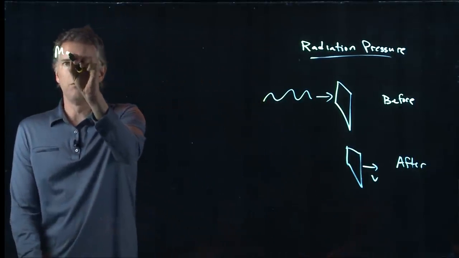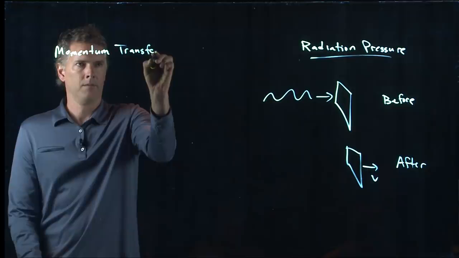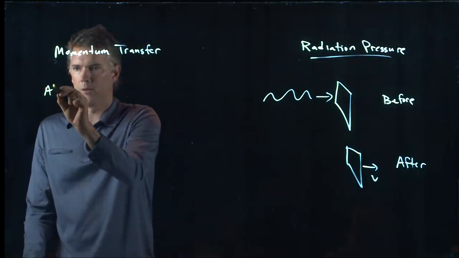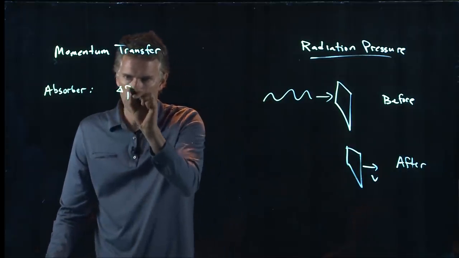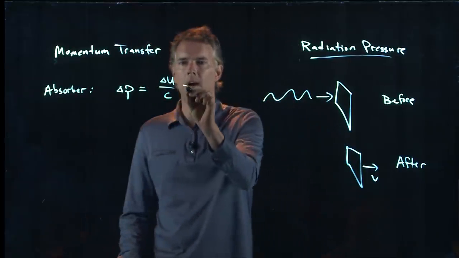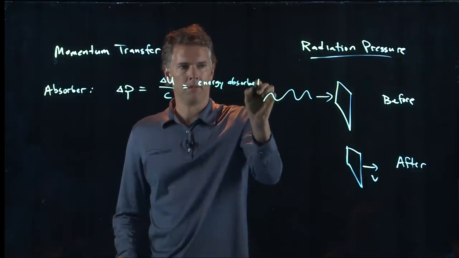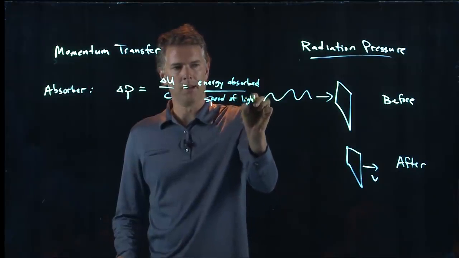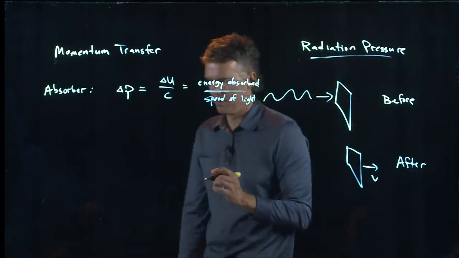So for an absorber, the momentum transfer from the wave to the absorber looks like the following. Delta P is delta U over C. How much energy was absorbed divided by how fast it was going. Speed of light.